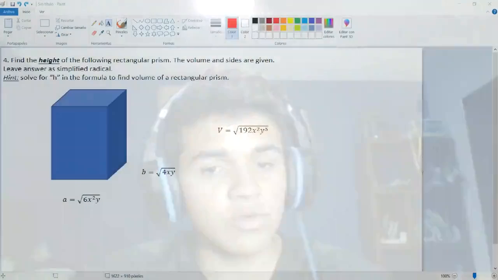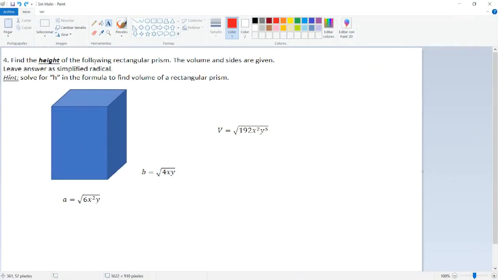Okay, so we have to find the height of the rectangular prism, which is this one, and we already have the base and the width. We also have the volume.